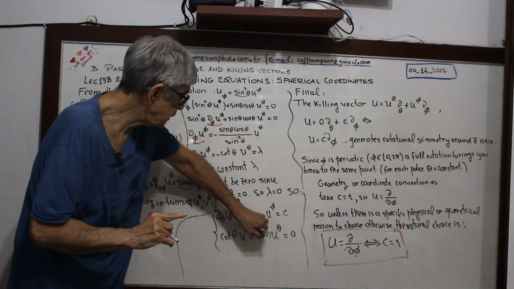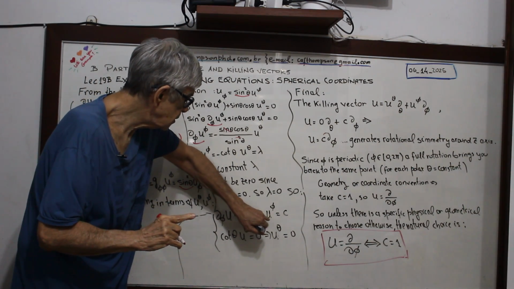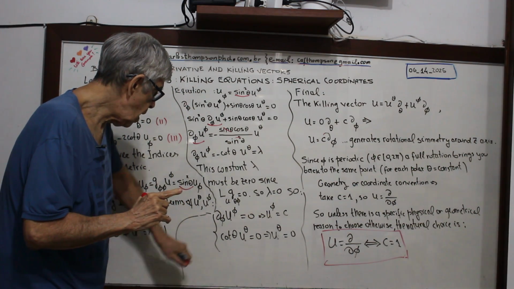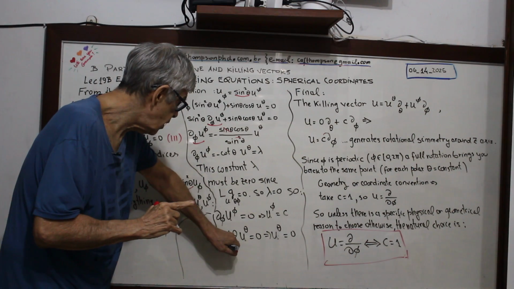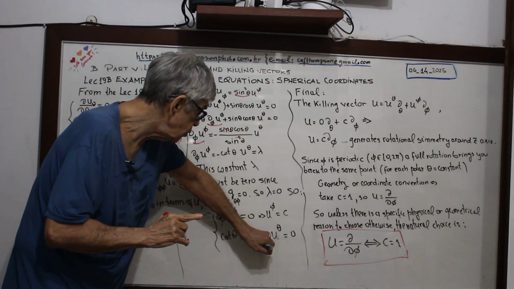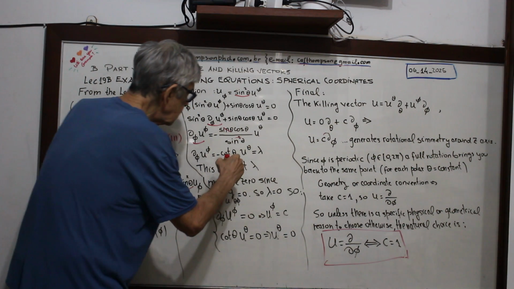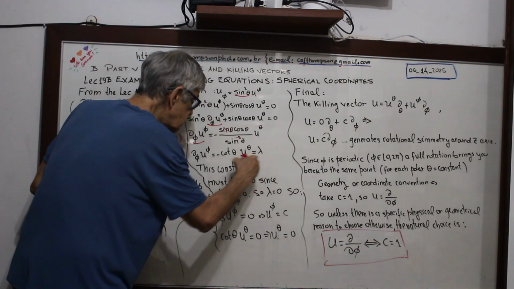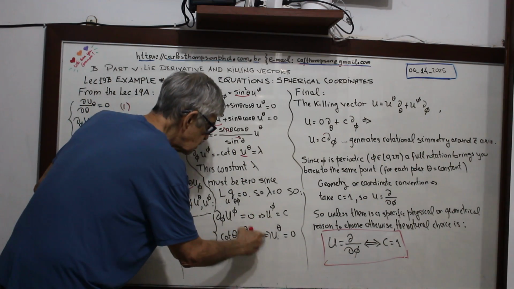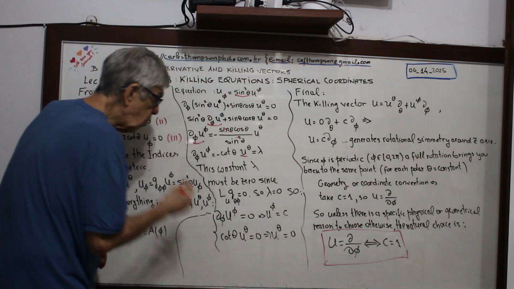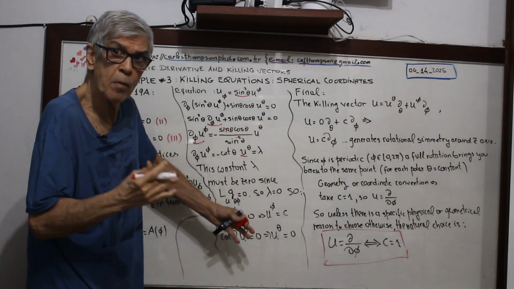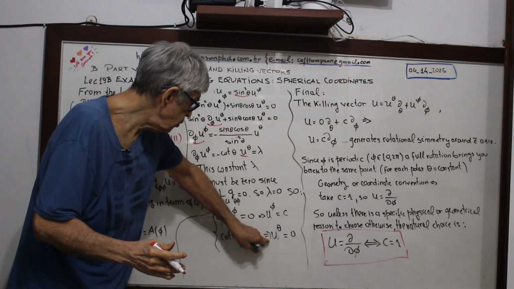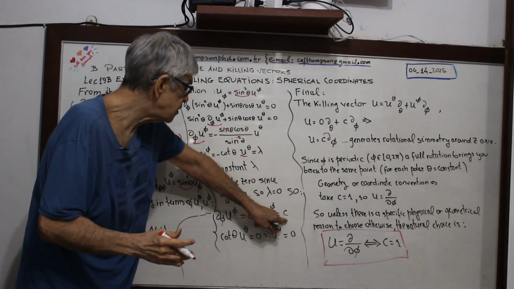Now I obtained the components: the contravariant component u phi is equal to a constant, and also cotangent theta u theta is equal to lambda. If lambda is 0, u theta must be 0. So I have the components of the Killing vector: u theta is equal to 0 and u phi is equal to c.